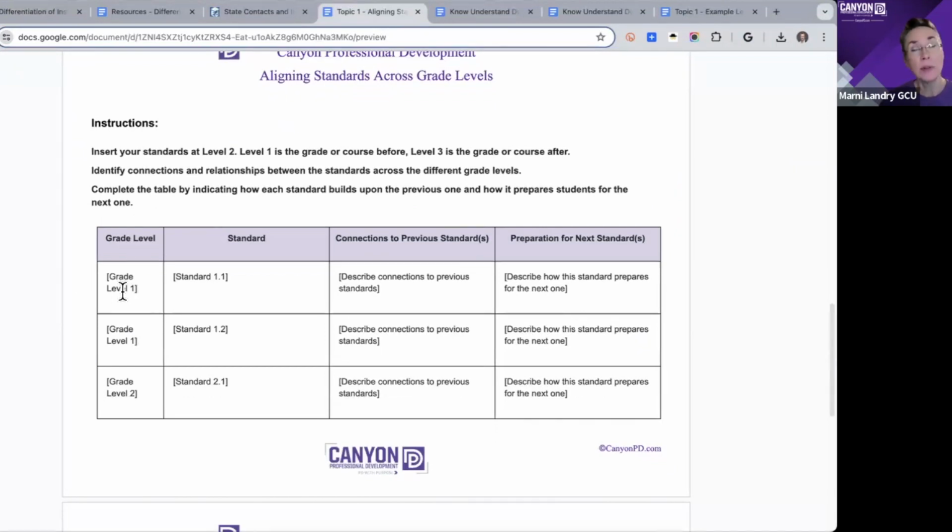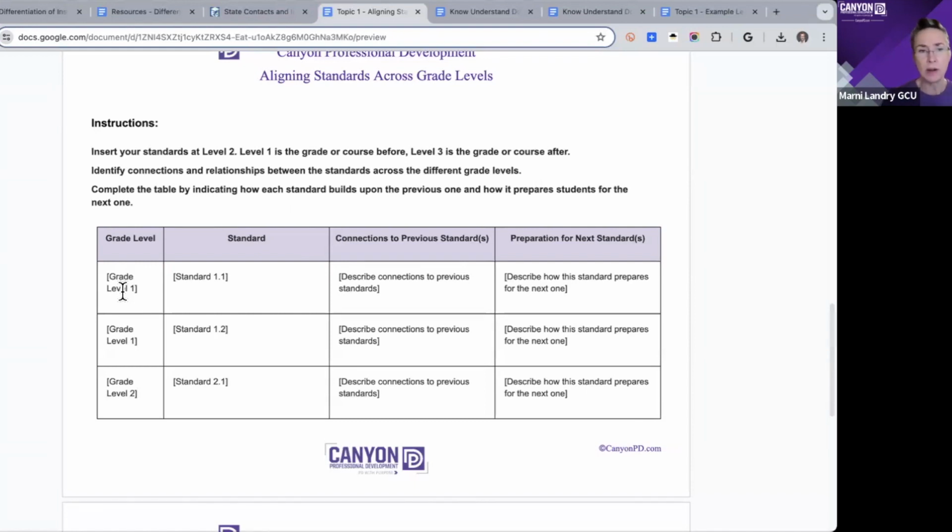And again, be careful. If I'm looking at a 4th grade standard, it may not have been addressed in 3rd grade. Maybe the last time it was in 2nd grade. That's usually not true in things like ELA and math, but science and social science, the arts, and physical education sometimes skip.